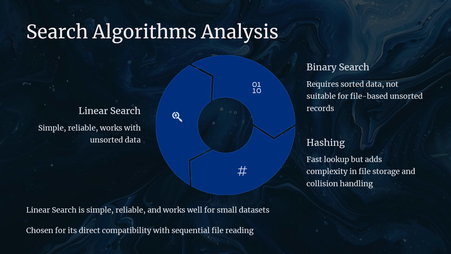Linear search is simpler, reliable, and works with unsorted data as well. Hashing gives fast lookup but adds complexity in file storage and collision handling. Linear search is simple, reliable, and works very well for small data sets. It was chosen for its direct compatibility with sequential file reading.